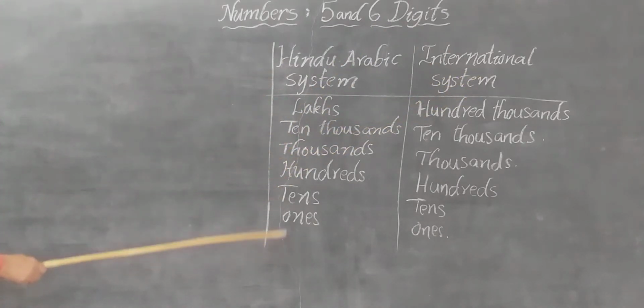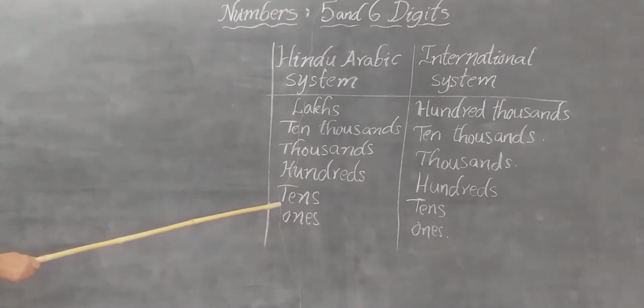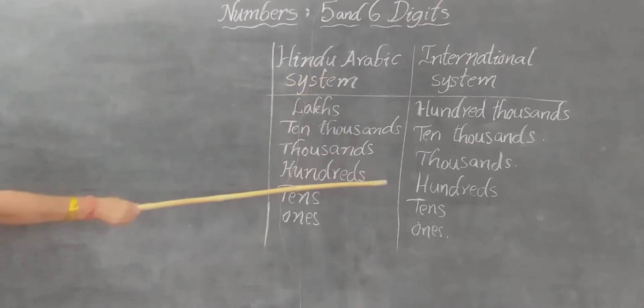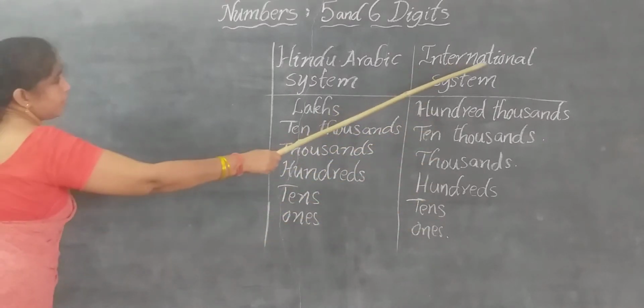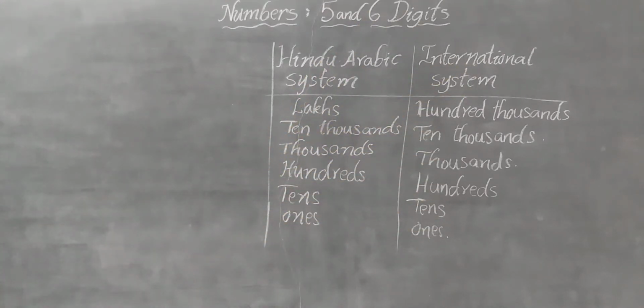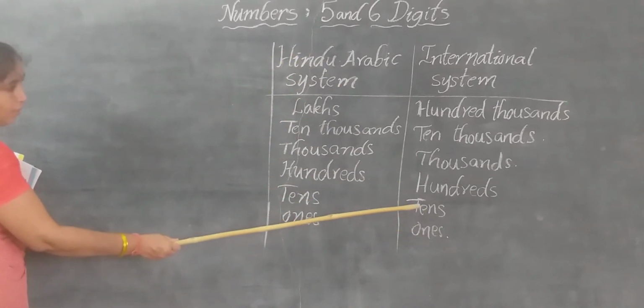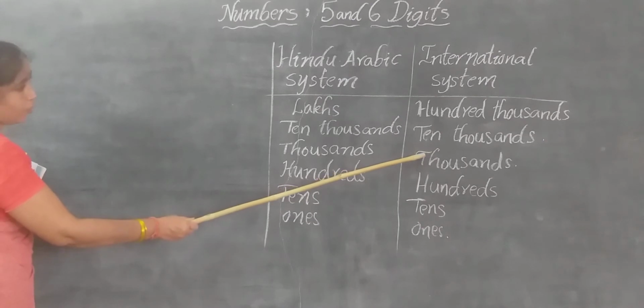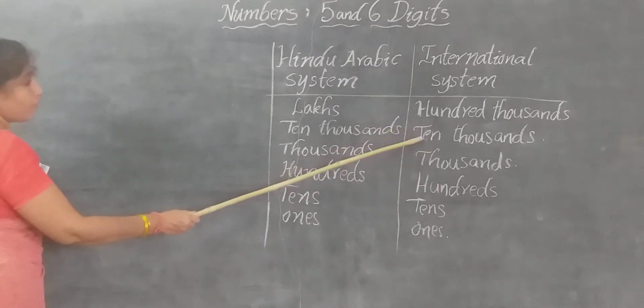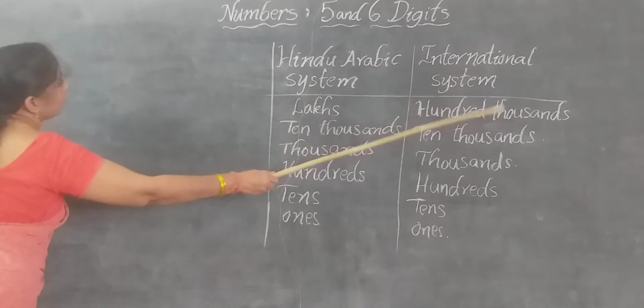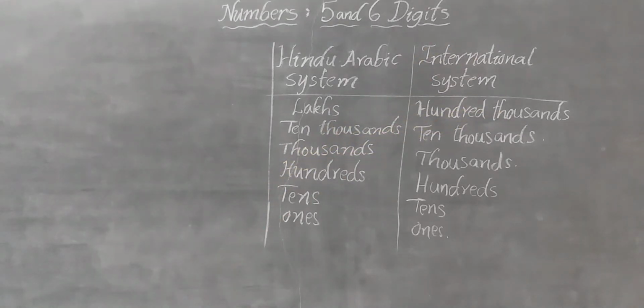This is the place value chart in Hindu-Arabic system, and this is the place value chart in international system. In Hindu-Arabic system: ones, tens, hundreds, thousands, 10,000s, lakhs. In international system: ones, tens, hundreds, thousands, 10,000s, then 100,000s.